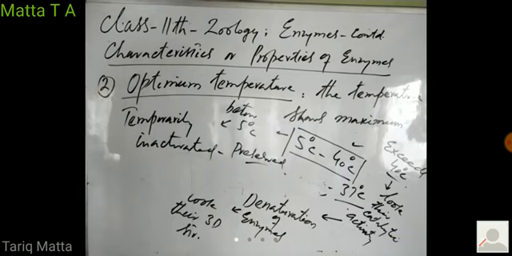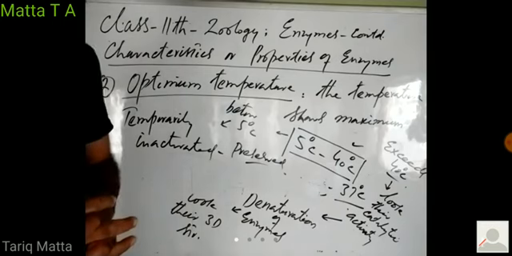But there are some organisms which live at very high temperatures. Those organisms which thrive at high temperatures have heat resistant enzymes. There are certain bacteria which live in extreme conditions where the temperatures are very high.